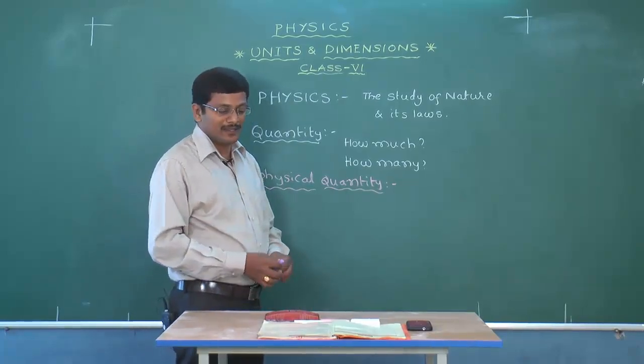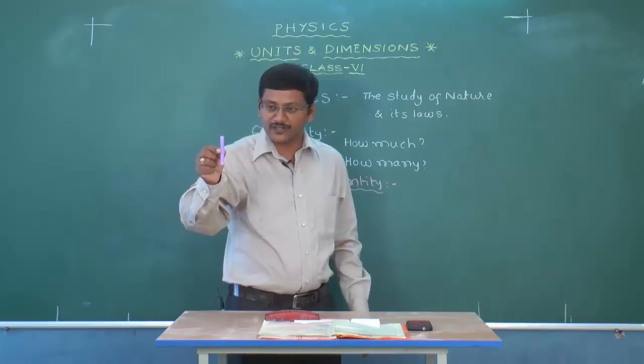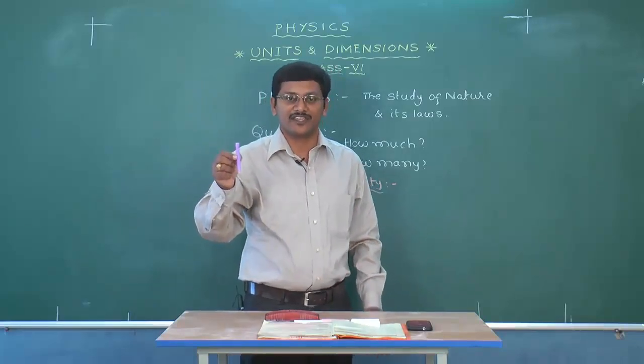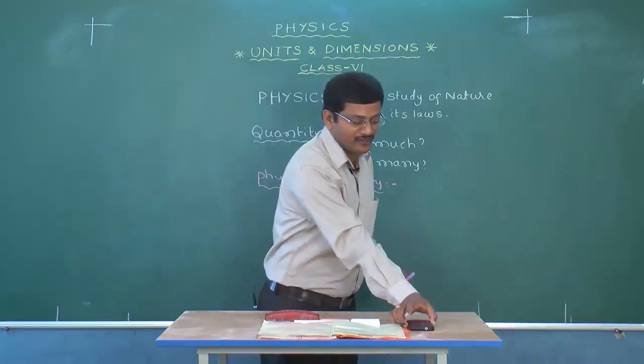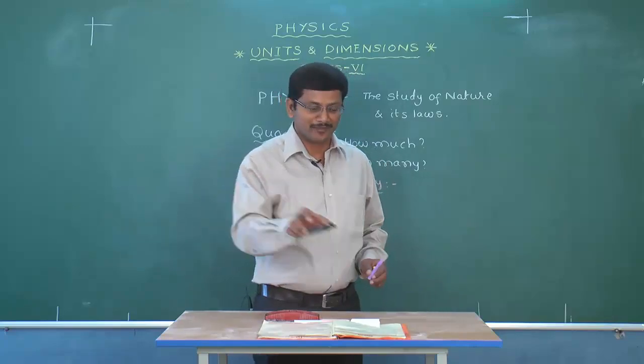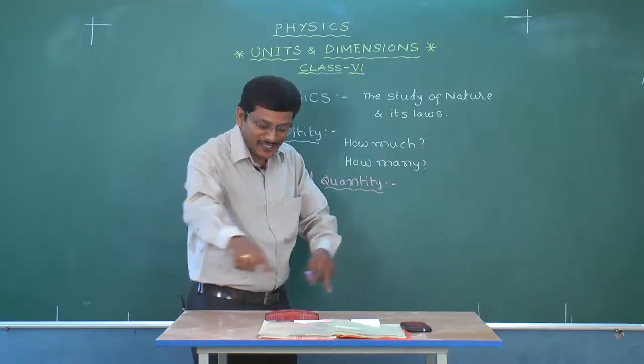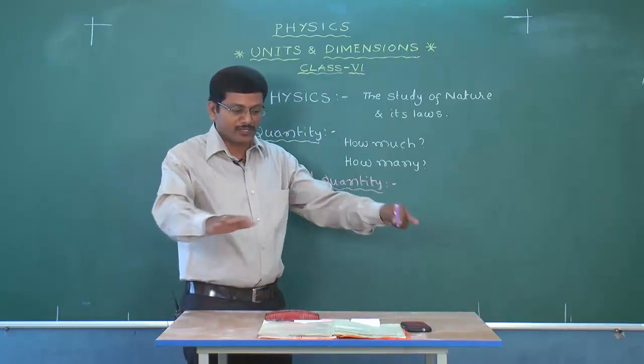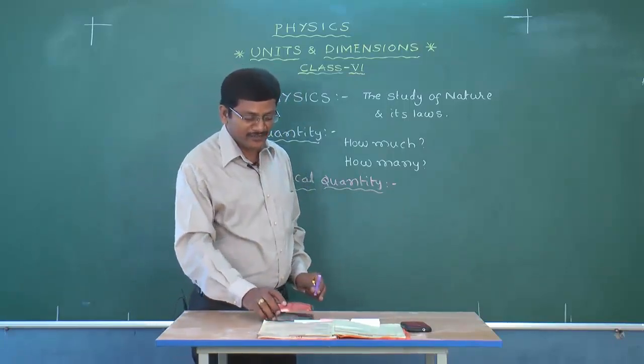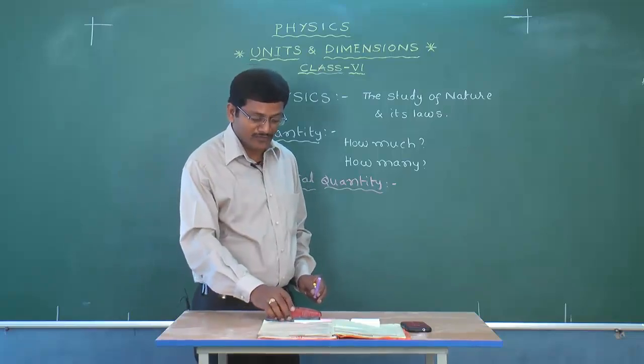For example, can you measure the length of this piece of chalk? Yes, I can measure with the help of a scale. Can you measure the weight of this mobile? Yes, I can measure. So length, mass, and I can measure the area of this desk, this table surface, and the weight of this one. I can measure the volume of this duster.